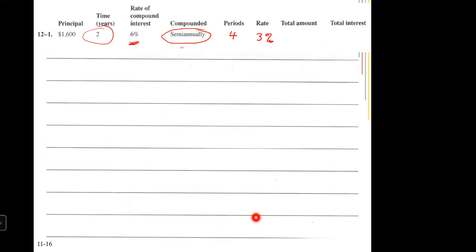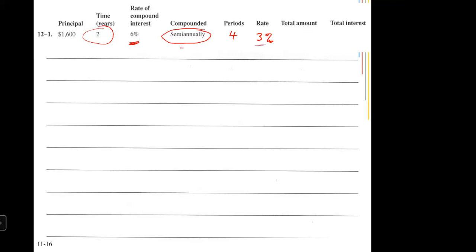So what this question is saying to us now is that if we want to work out the interest, we'd have to do it 4 times, because it's 2 years at twice a year. That would be 4 periods. And each time we work out the interest, we'd use 3%.